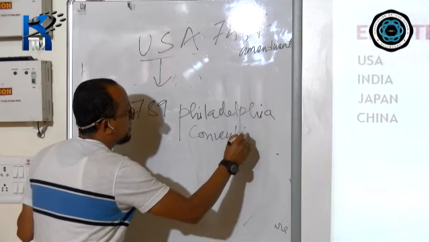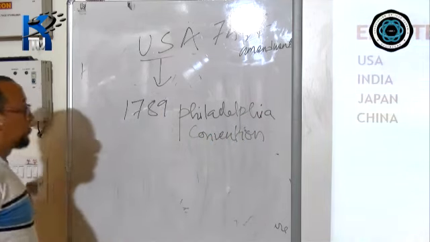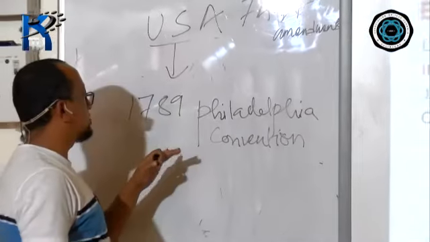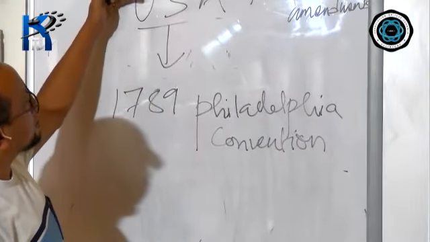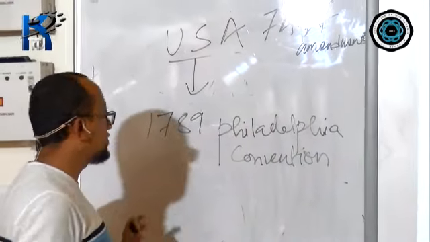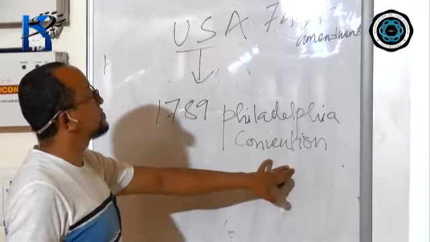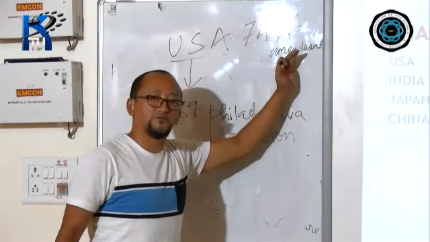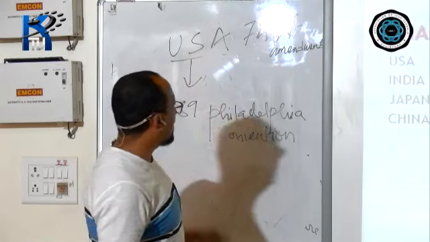Please bear with my handwriting. I hope you can understand. Philadelphia Convention, 1789. The American Constitution was made or enacted way back in 1789 by the Philadelphia Convention. All right. With how many articles? 7 articles. How many amendments? 27 amendments. This is what we have in USA.